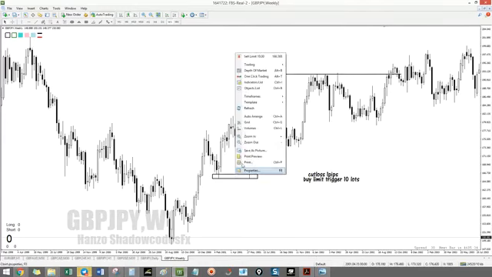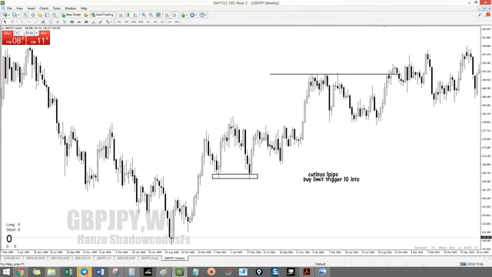Sometimes they do something like this, 0.01, and they use something like this. They use buy limit, buy limit, buy limit, buy limit, buy limit.